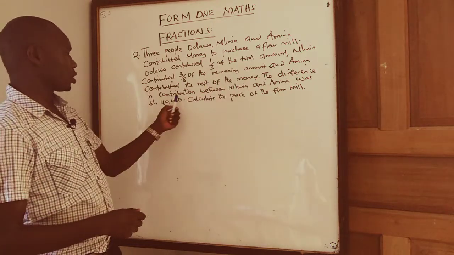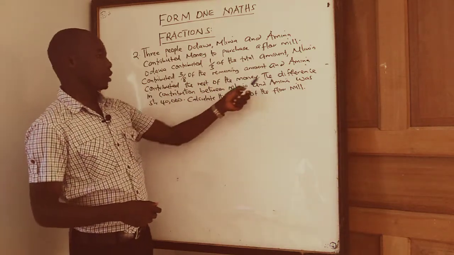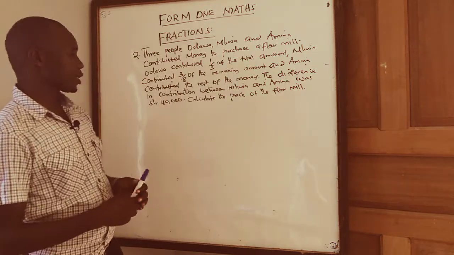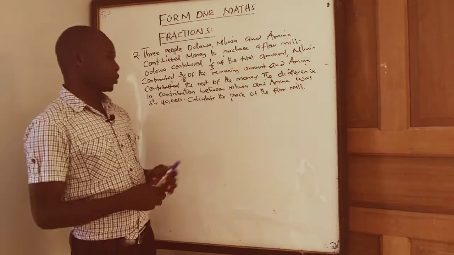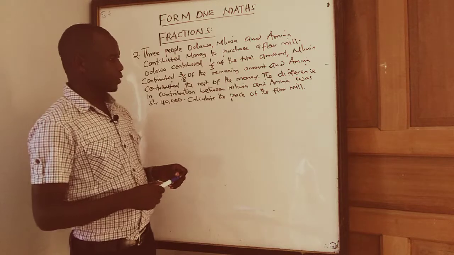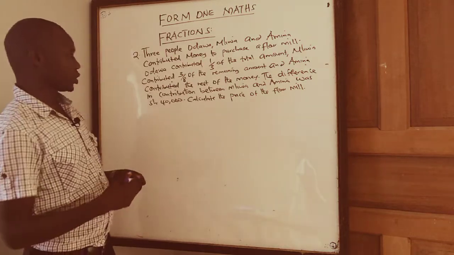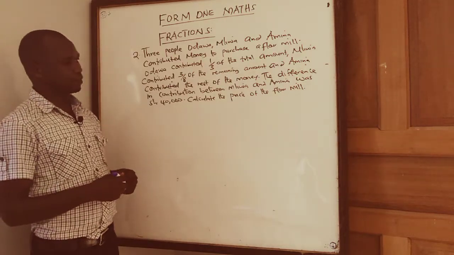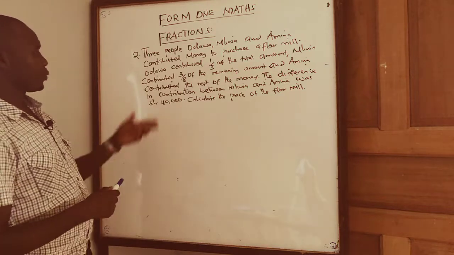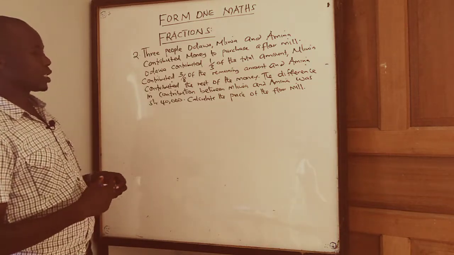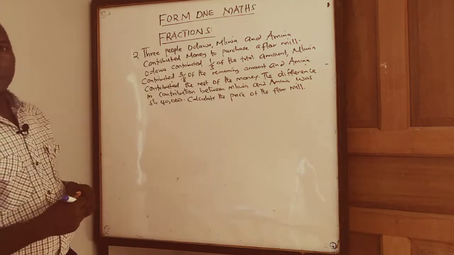The difference in contribution between Mliwa and Amina was shillings 40,000. We are supposed to calculate the price of the flour mill. This question is equally very simple. We are supposed to interpret it into figures, and we will be able to solve it.